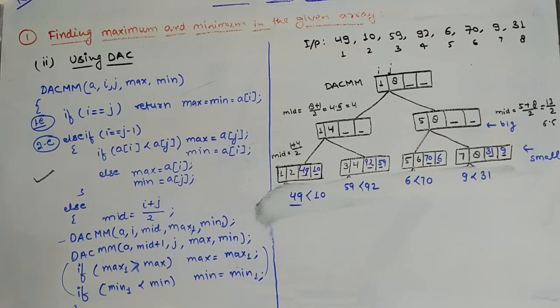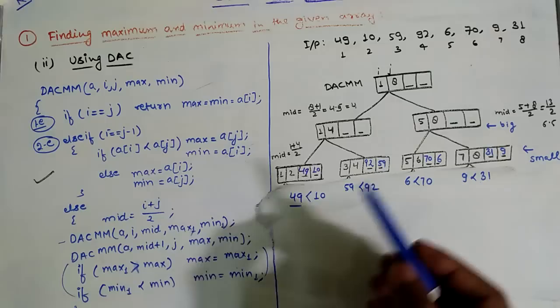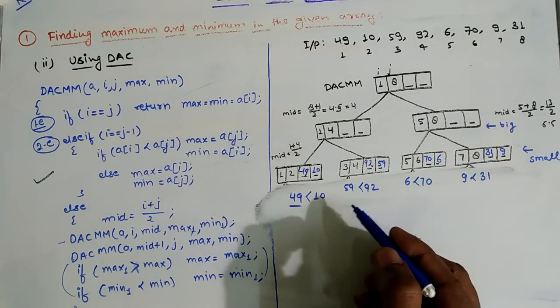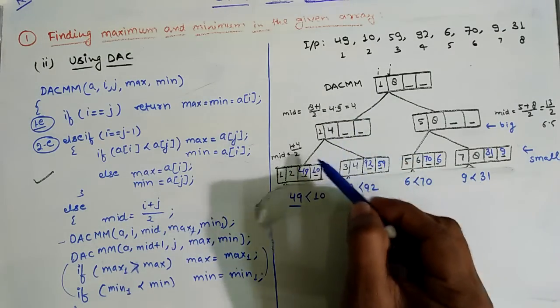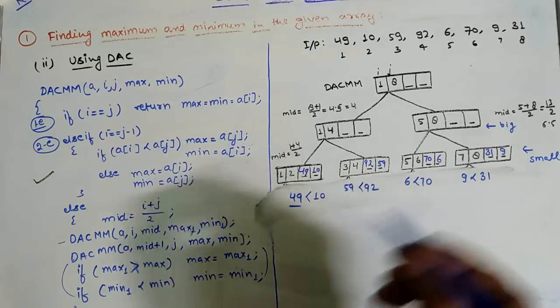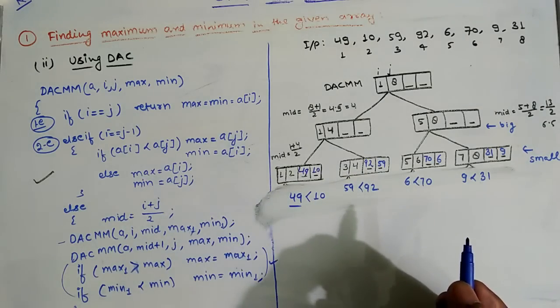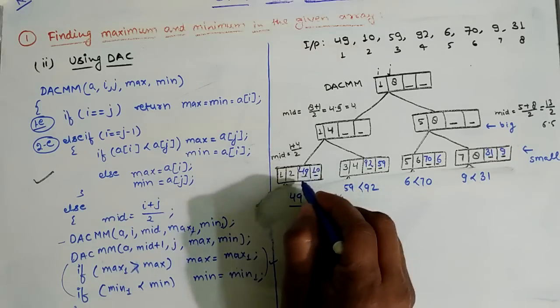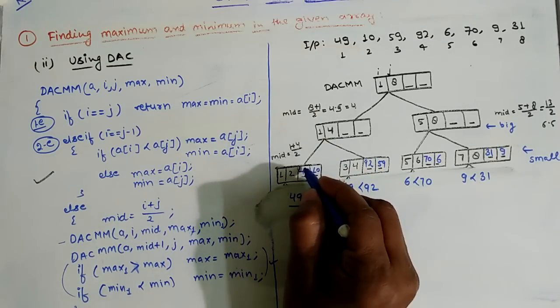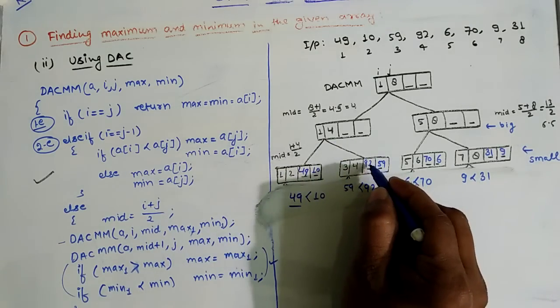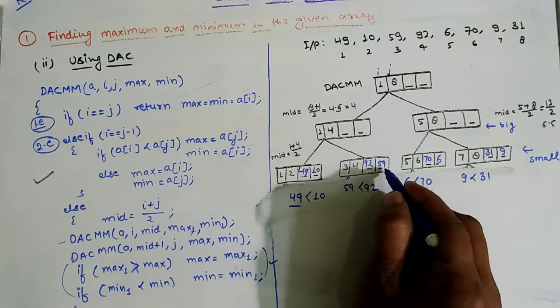So in this one, as you see, we just follow the recursive callings. I just need to execute the combine step here. In order to execute the combine step, I require, for this problem, this is my max 1, this is my max, this is my min 1, and this is my min.